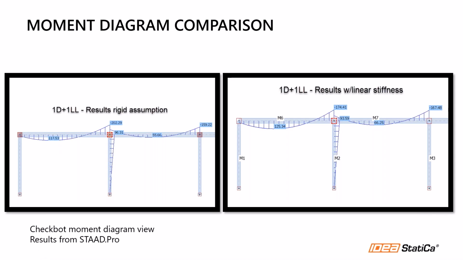From the rigid assumption to the example with the linear stiffness, we got an increase on the member. That's why you need to get back to the software and input those stiffness values in the element, at the end of the members, and that's why the code is asking you to redesign this. Maybe this is not a huge difference, right?